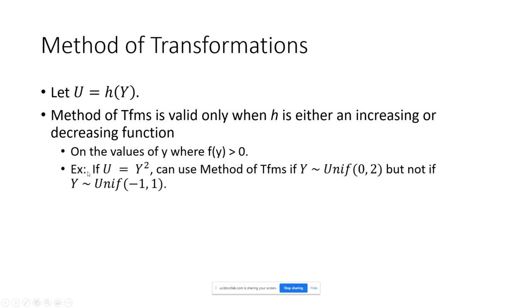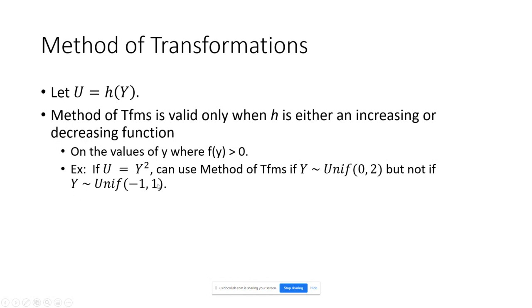So for example, if we have the function U equals Y squared, it would be perfectly fine to use the method of transformations if Y is a uniform random variable between 0 and 2, because when Y is between 0 and 2, Y squared is only an increasing function.